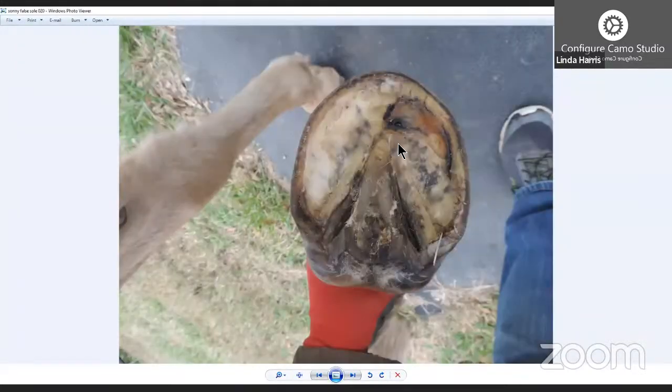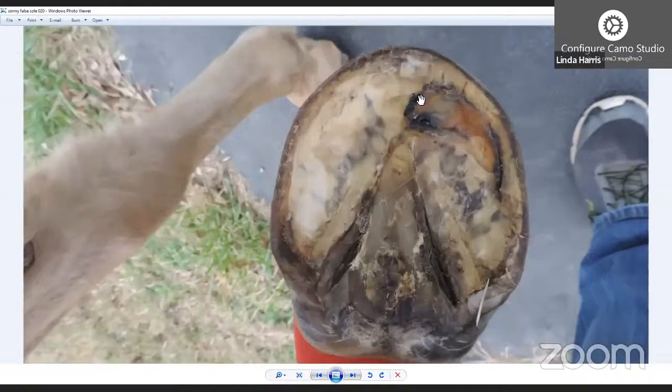Okay, so this horse got foundered from going too long without a trim. His toes got real long, and so the sole was stretched forward, and he had what seemed like an abscess right here from that.